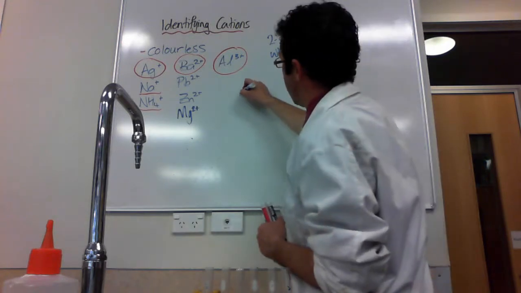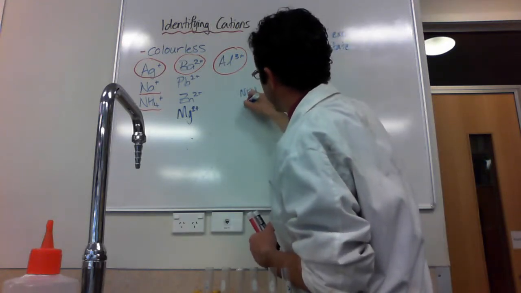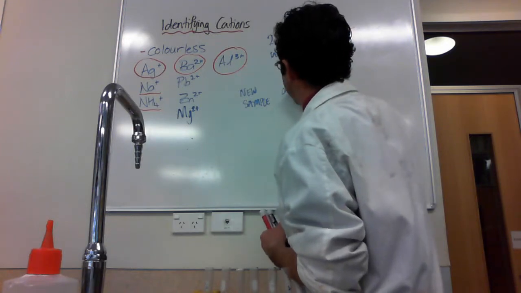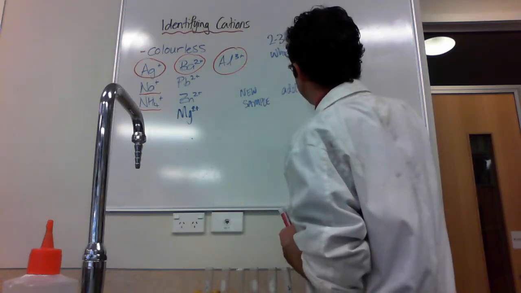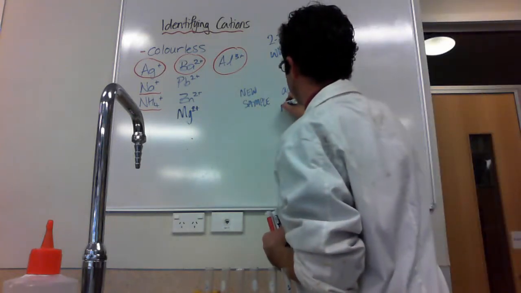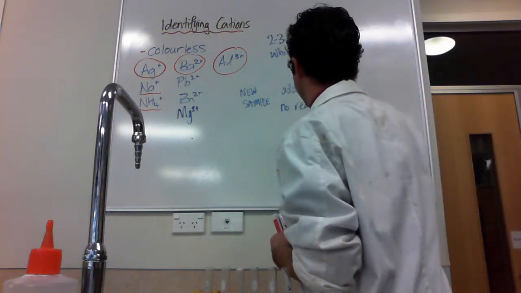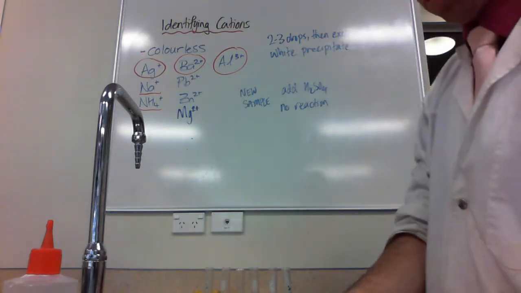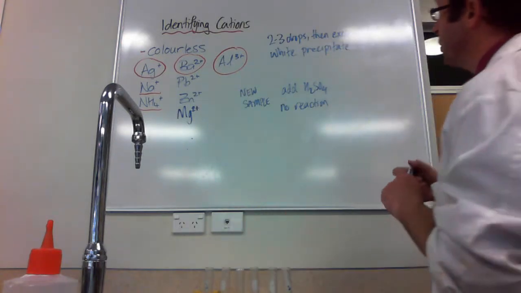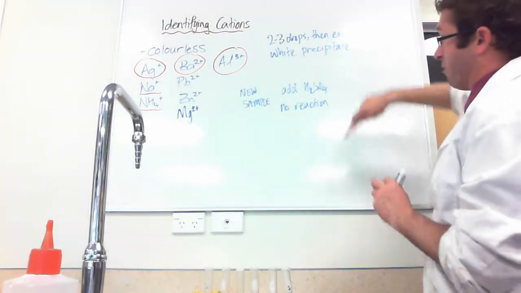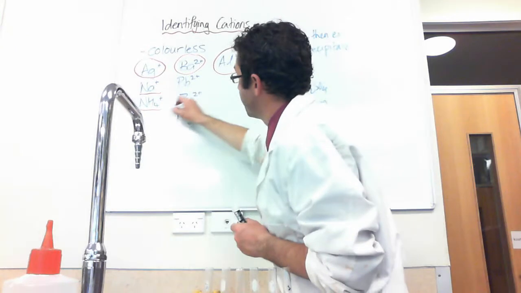Then I took a new sample and I added H2SO4 and there was no change, so no reaction. No reaction means I don't have to write a chemical equation for it, but the one at the top has precipitation, so I do. Now I know that this means it's not barium, so I know that it's magnesium.